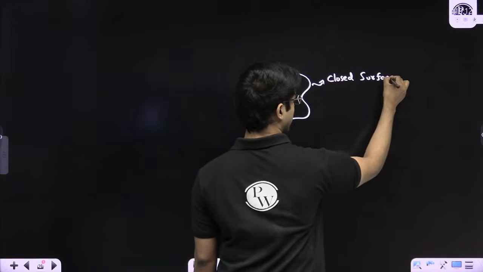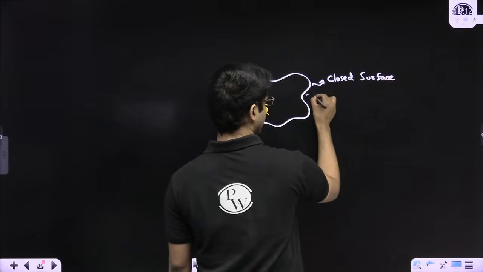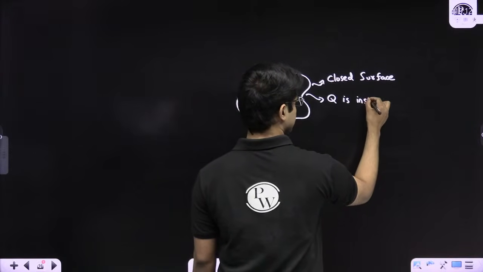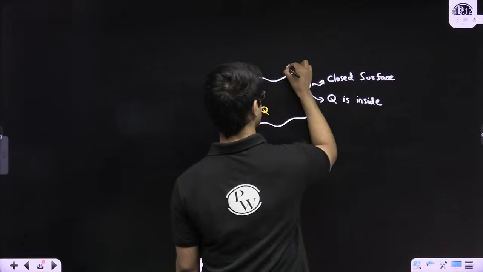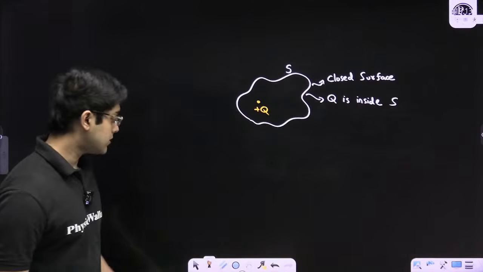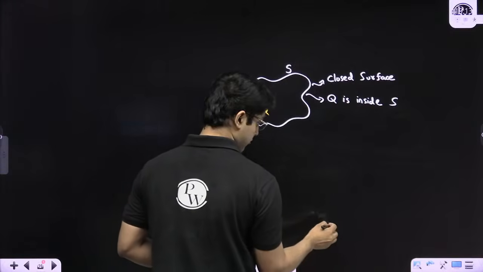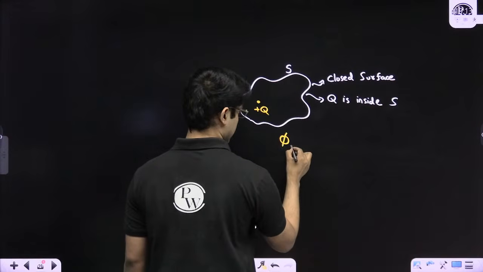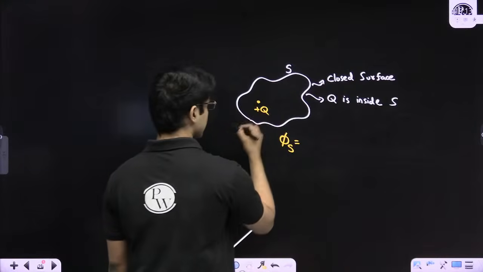There should not be any openings on the surface, and Q is enclosed inside. I'm calling this surface S. So Q is inside S. In this case also, if I ask you what is the flux through S, you don't have to do any separate calculations. I know the result for a sphere, right?